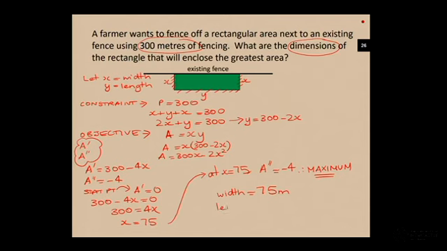And the length was given as y, and you've got a statement there that says y is equal to 300 minus 2 times your x value, so this is 150. Have I finished the question by answering what are the dimensions? So make sure you say, I have given them the width and the length, they're the right dimensions that we need.